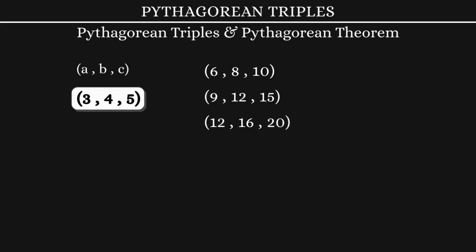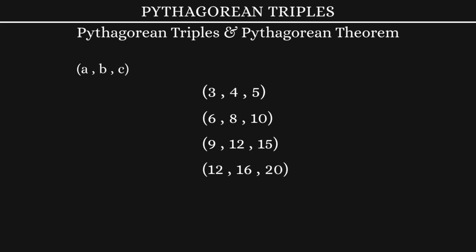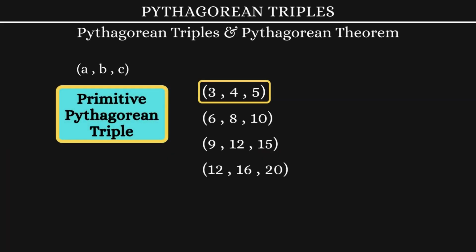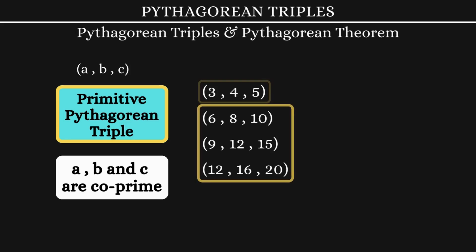Now listen carefully. Among all of these Pythagorean triples, this one will be considered as a primitive Pythagorean triple, which is because 3, 4 and 5 are co-prime, which means they do not have any common divisor. Now coming to these three triples.